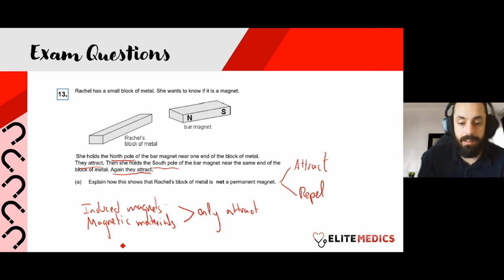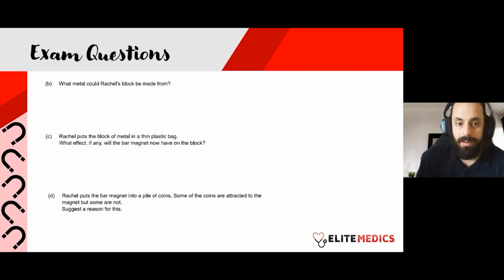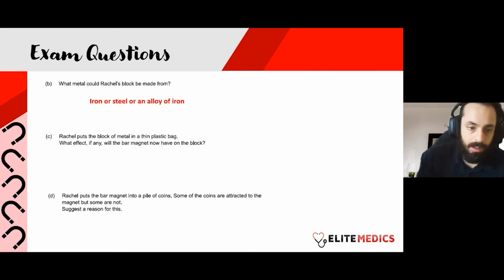This metal is a magnetic material, but it's not a permanent magnet. Remember, being magnetic and being a magnet is not the same. Magnetic is that you can be attracted towards a magnet, and a magnet is the one that actually makes that force, okay? So it did not repel either end, therefore it should be a magnetic material. So iron, steel, or an alloy of iron, but also, guys, if you remember, I mentioned cobalt and nickel.